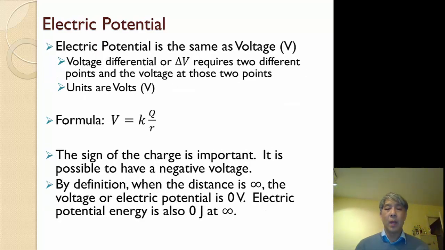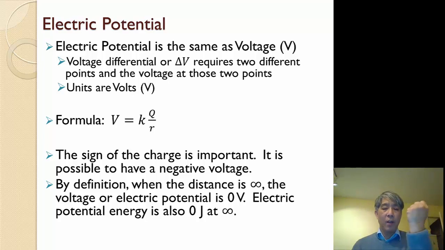Electric potential and voltage are going to be synonymous the way we're using it. I may also use the term voltage differential, or delta V. This requires that I actually have two different points and the difference in voltage between those two points. The units for electric potential are volts, or joules per coulomb.